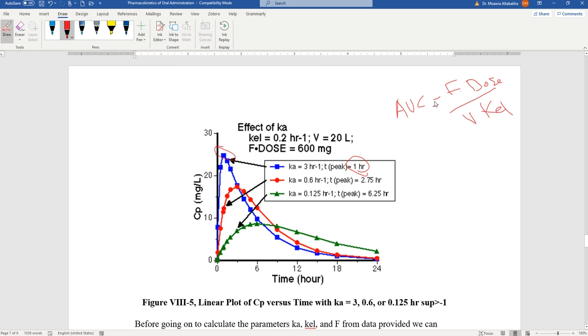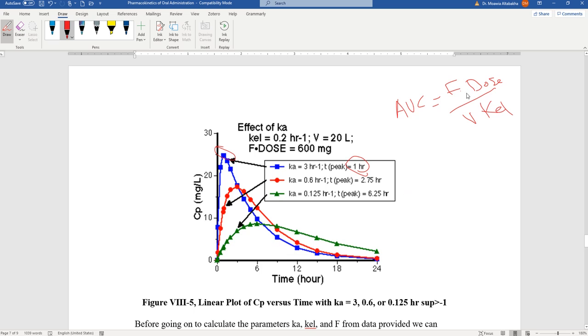Did anything change in this graph? Did F times the dose change? Did V times Kl, which is the clearance, change? It's the same. That's why the area under the curve for all of them is the same. Are you noticing? The area under the curve for the green one, the red one and the blue one are the same.